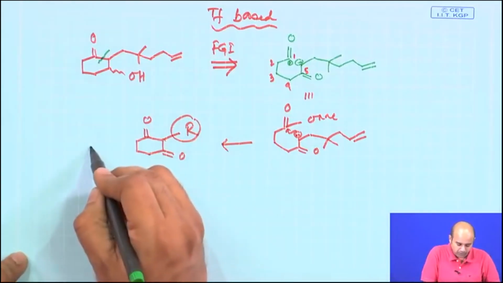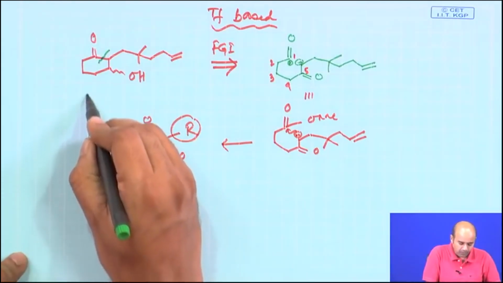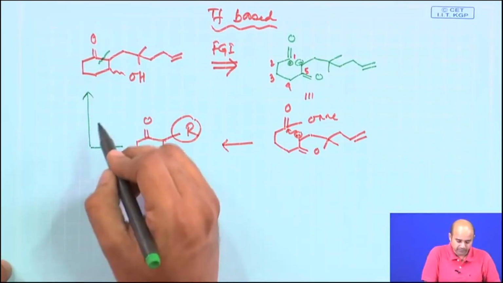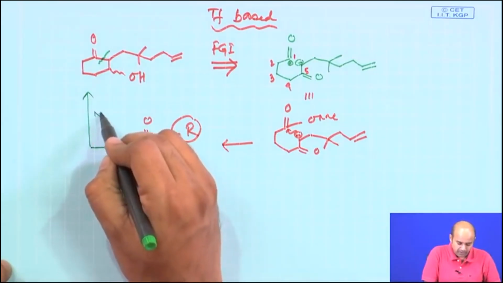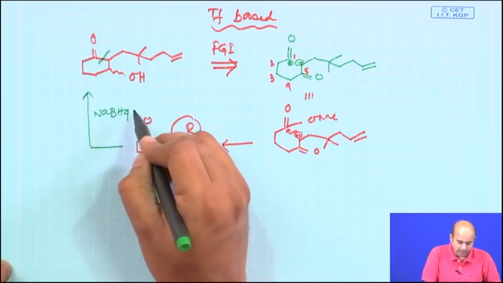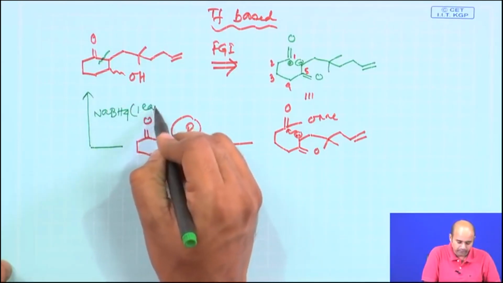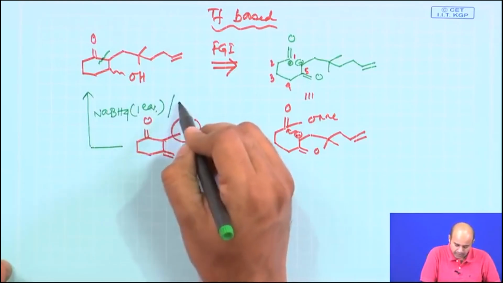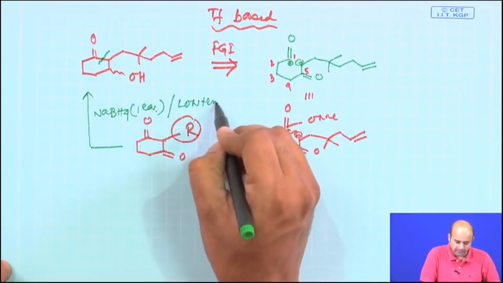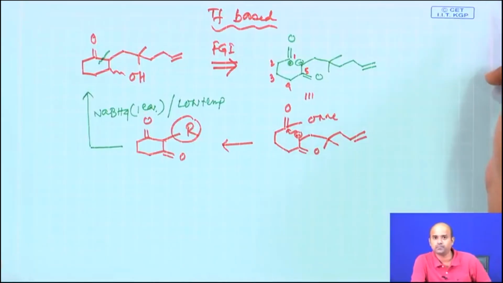Now, in the target molecule one carbonyl is reduced. So, here is the trick: a simple way is to use sodium borohydride, 1 equivalent. You can do a low temperature reaction, but that might not always be very successful, though eventually you can get some amount of product.